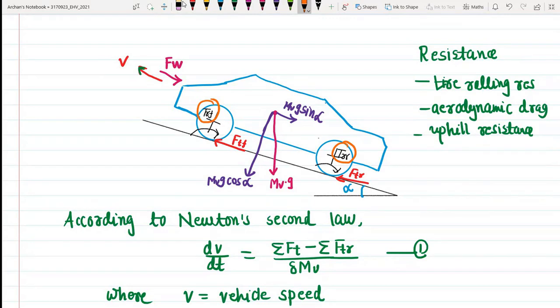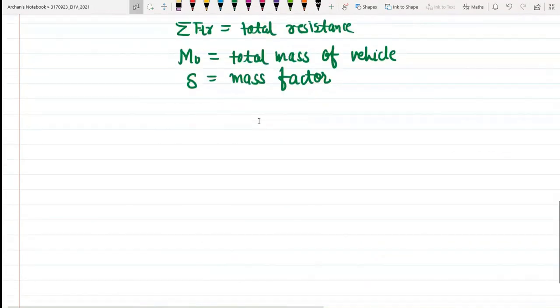Then there is aerodynamic drag FW over here, and then grading resistance, which is mg sin alpha. We will discuss all these resistances so that we get a better idea of how they affect the speed of an electric vehicle. So let us start with the rolling resistance first, right?